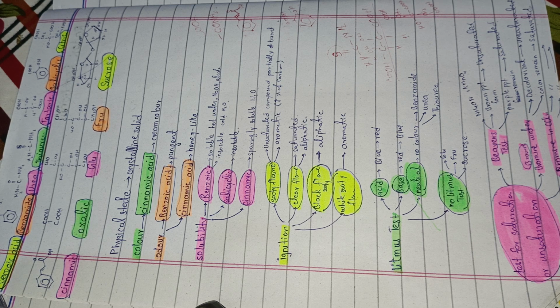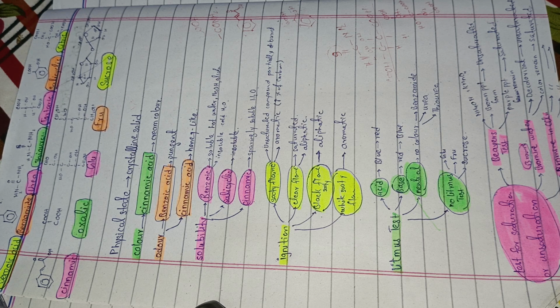So now we revise what we have studied till now. First, the physical state of all of these compounds is crystalline solid. Yes, very good. The second thing we have to remember is the color. The color of all the compounds is colorless except one compound, and this compound is cinnamic acid. You have to learn that cinnamic acid's color is creamy.